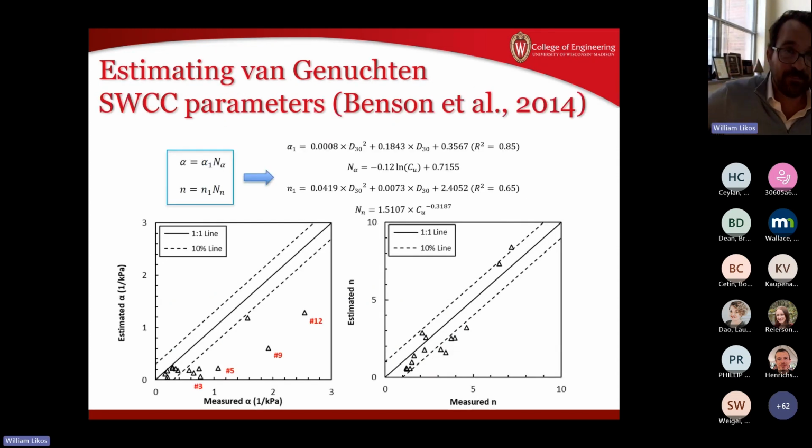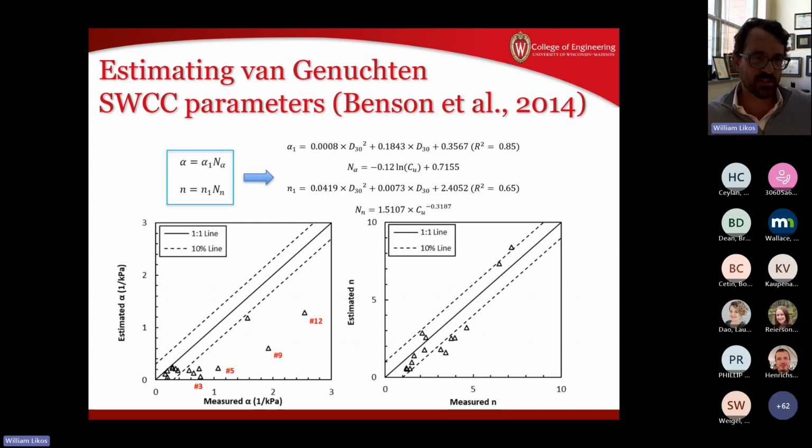To predict empirically those saltwater characteristic curve parameters, we explored an approach that was published by Benson et al. using sandy materials, relatively poorly graded sandy materials, which are a little bit different than this data set, but we can use the same basic approach for this specific data set.